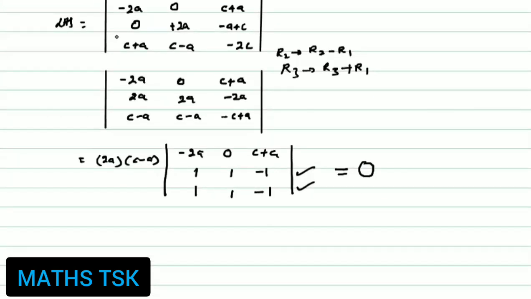According to a property, since I considered b is equal to minus a, this made the determinant 0. Therefore, a plus b is equal to 0.